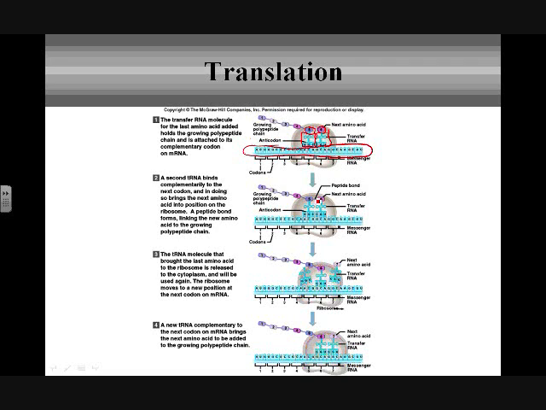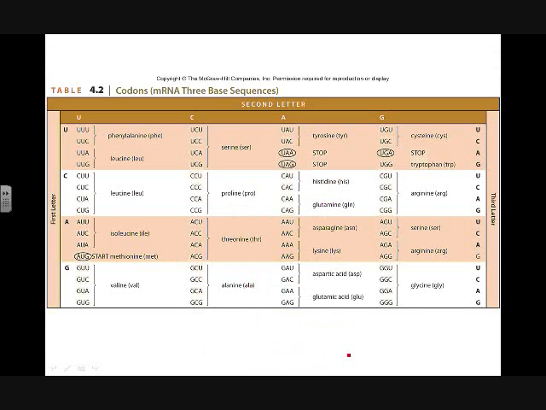And then side-by-side amino acids will bond together. And then we're reading in this direction, sorry. The one that's finished will leave, right? We'll shuffle down, and the next amino acid will come into place. And now we have two amino acids side by side, and they'll bond together as well. Right? So that transfer RNA kind of makes sure that it's carrying the proper amino acid for the proper genetic information, the proper triplet, the proper codon.